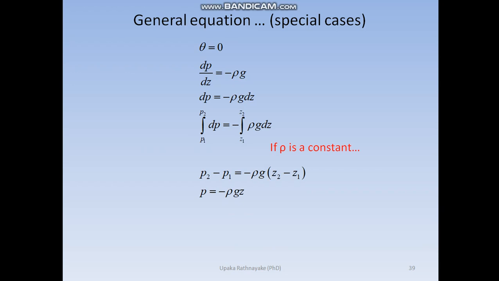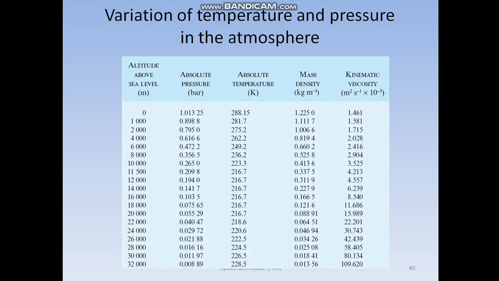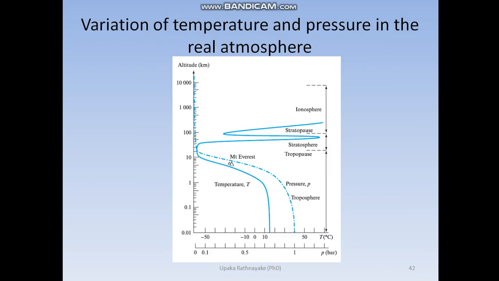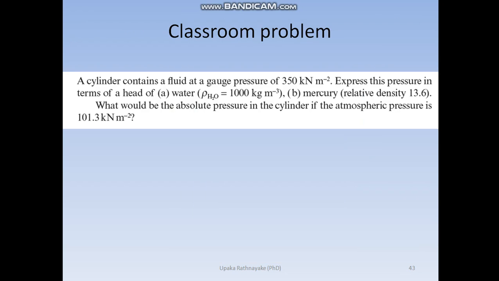We measured the distance vertically upwards here, whereas earlier h was measured vertically downward. Now these figures tell us the variation of pressure in the atmosphere and so on.